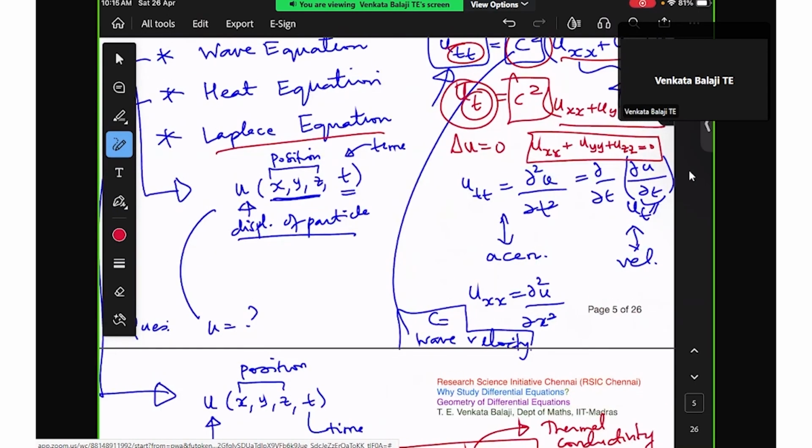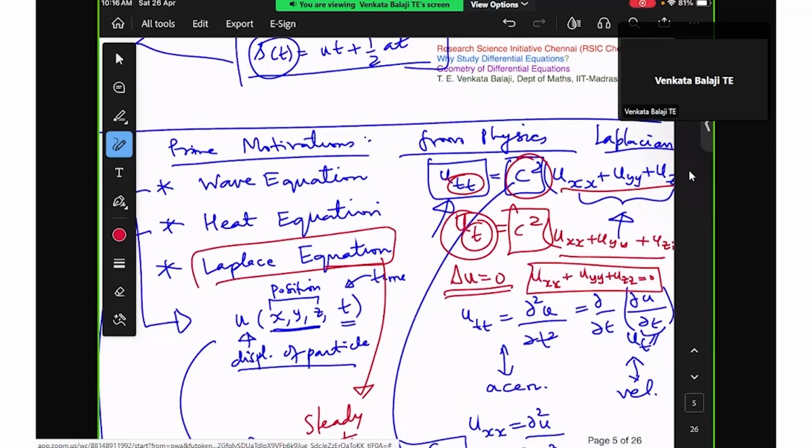Now, delta u equal to 0, you know what this means? This Laplace equation is, for example, what is called a steady state. In the heat equation, ut is equal to c squared delta u.